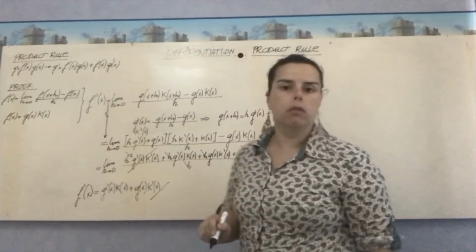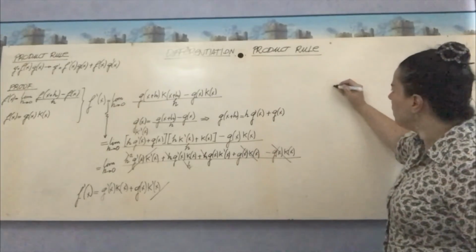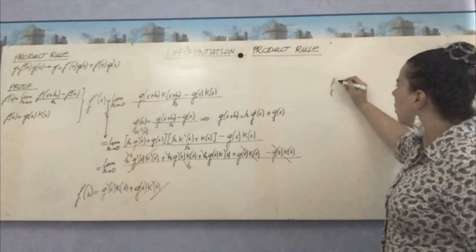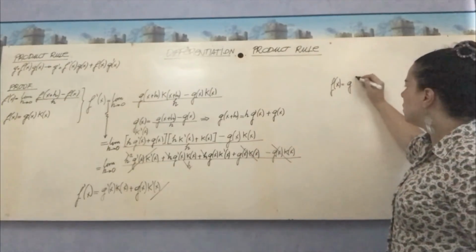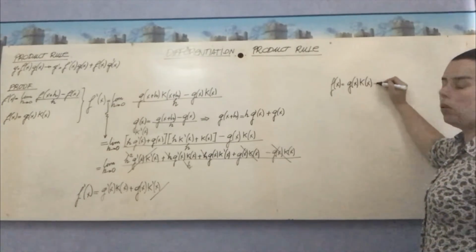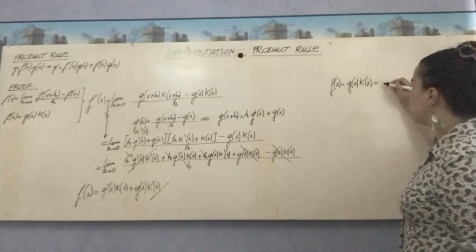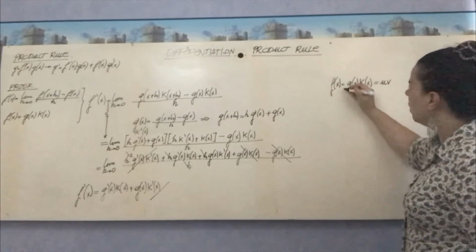Now I've got my proof. Next step, let's put it tidy. And if we want, remember, I can call f of x as g of x times k of x, or if I want to save myself all the writing of the x's, u times v.